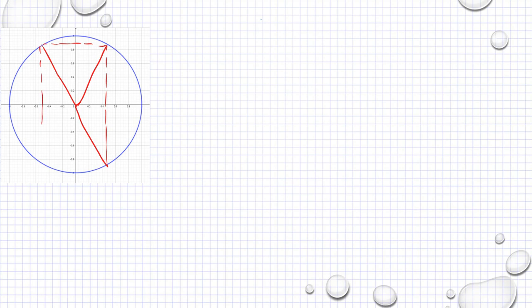Okay, so for this one is 60, and the next one, the blue one, is 120 degrees, and then the next one, that is 240 degrees, right? 180 plus 60, and I should have used another.